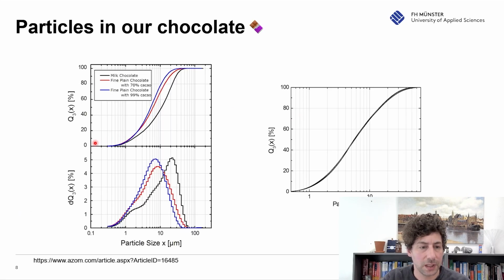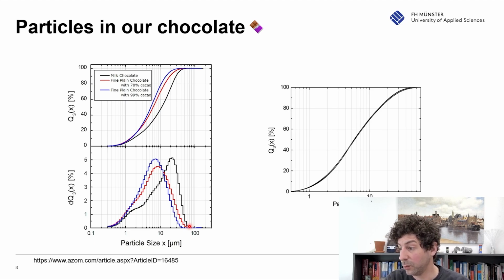And this is what you see here. It goes from 0 to 100, 100%, or 1. From 0 to 1 would be the same depiction, and this is in the size range from 0.1 till 200, but the measurement is not done from 0.1 till 200. It starts here at 0.3 and ends here at 80 or something.